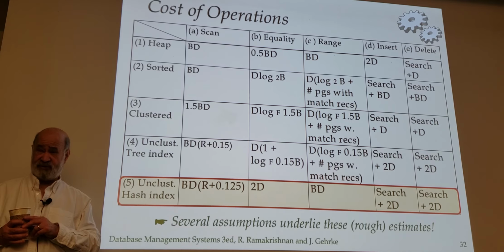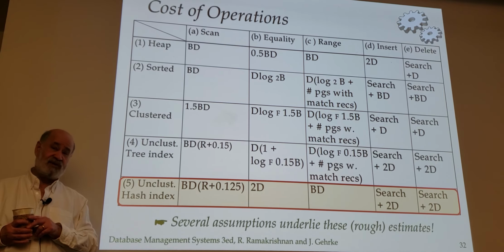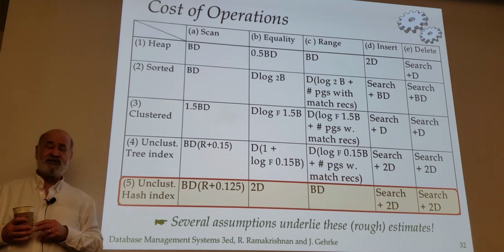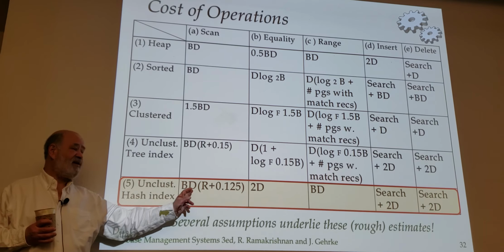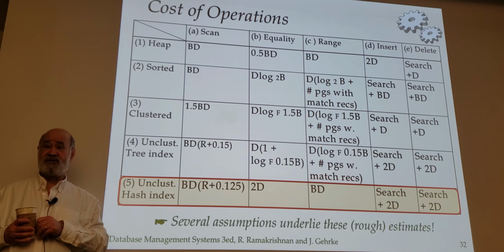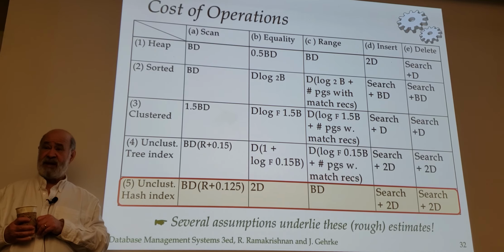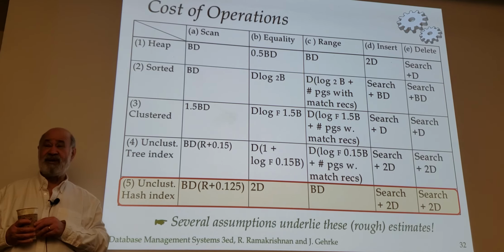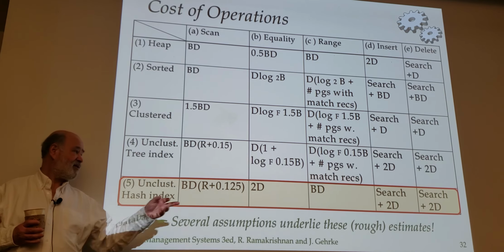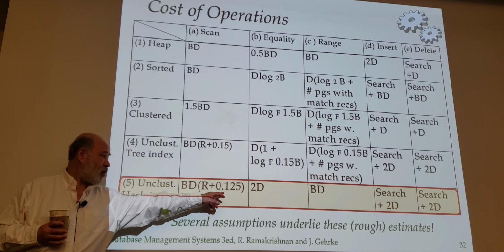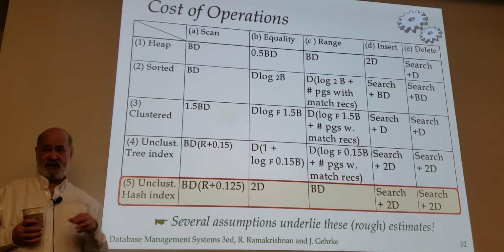So the expansion factor is 1.25. 1/10 times 1.25 is 0.125. So 0.125 times B is the number of blocks that I have inside the hash index itself. If I assume that the hash index is not inside memory, it probably will be, but we're assuming here it isn't, then that has to get multiplied by D. So that's where this 0.125 times BD comes from.